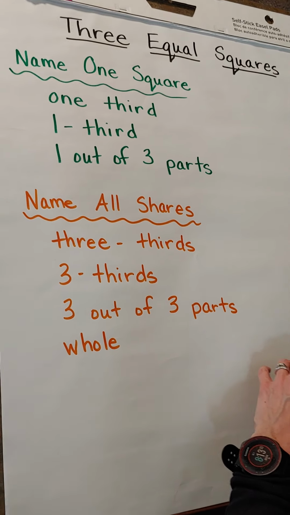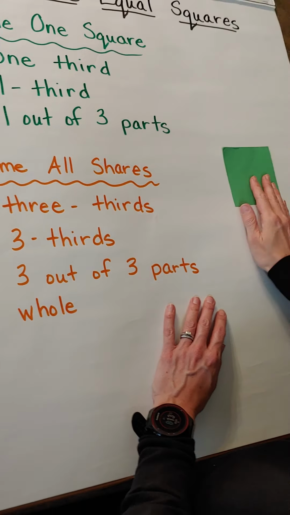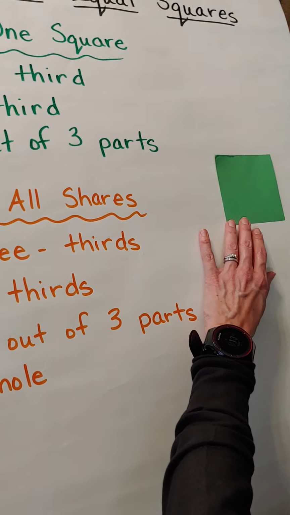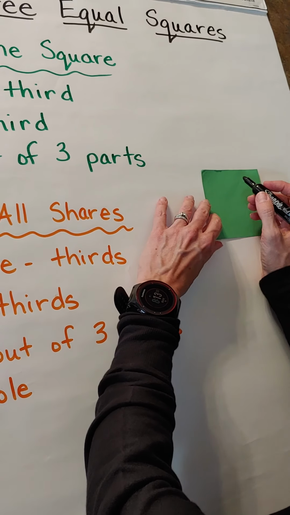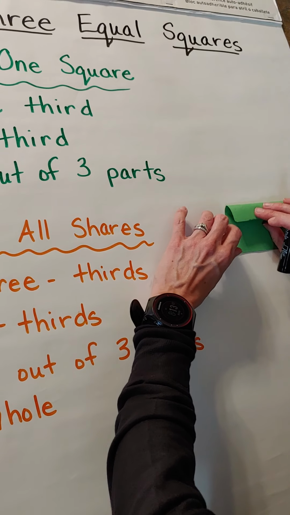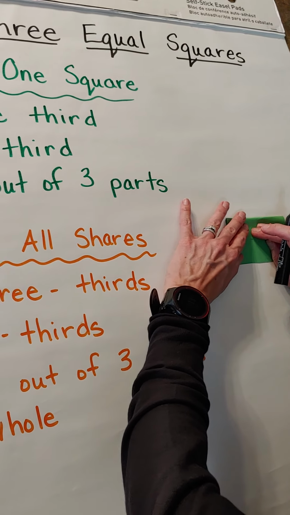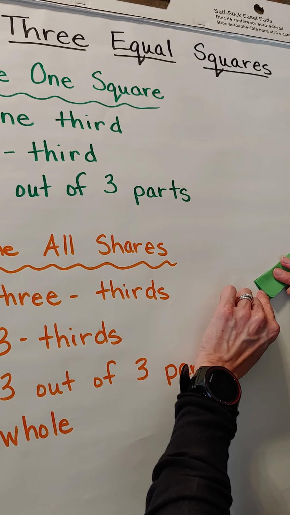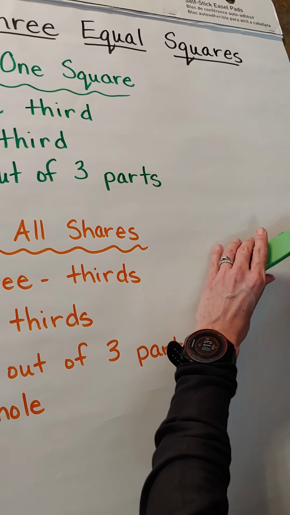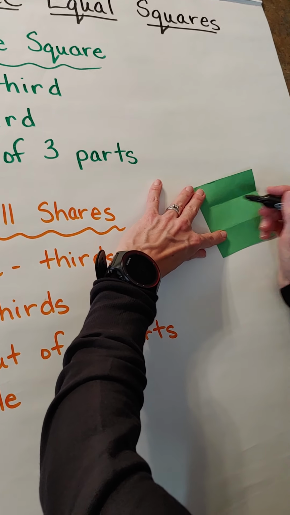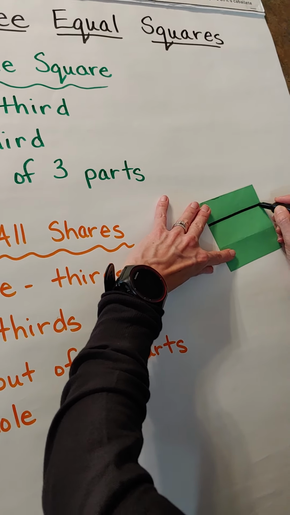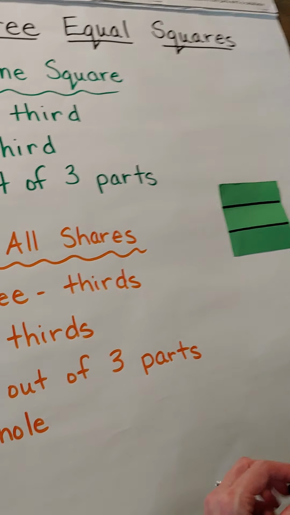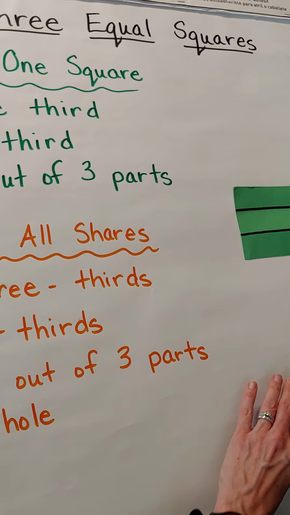Now let's share into 3 parts. 3 equal shares. So this is going to be a little different, isn't it, friends? I could fold mine, there we go, this way. Now I have 1, 2, 3 shares, 3 parts.